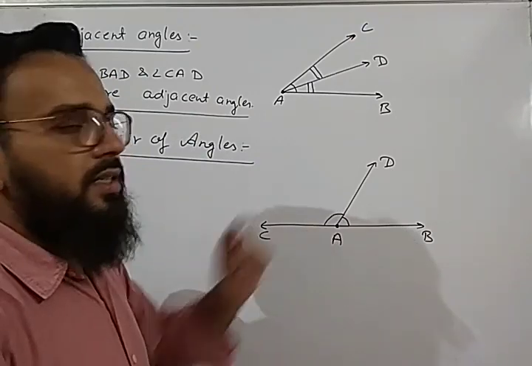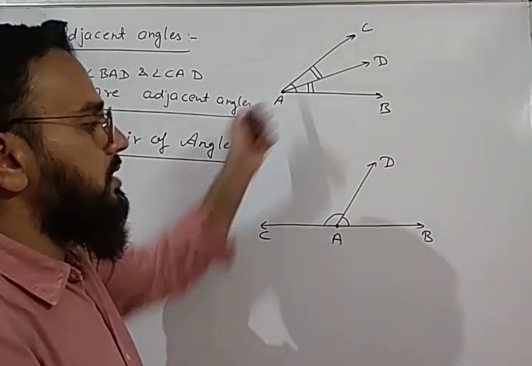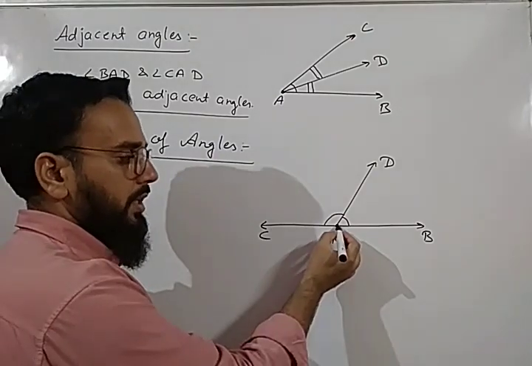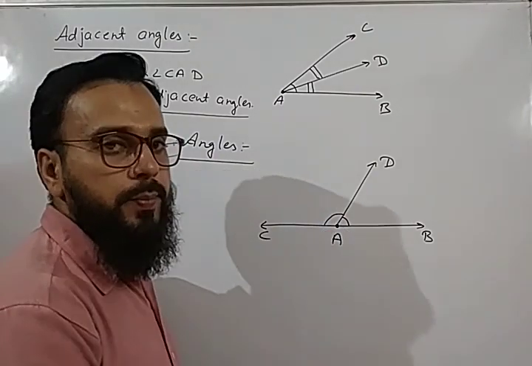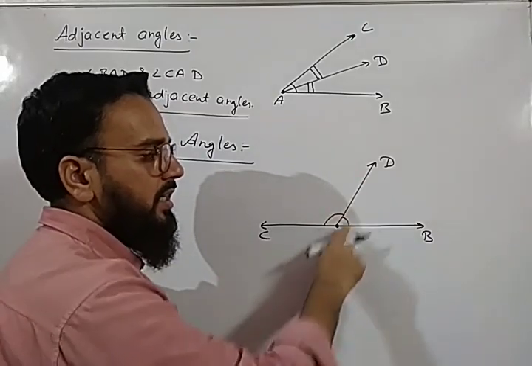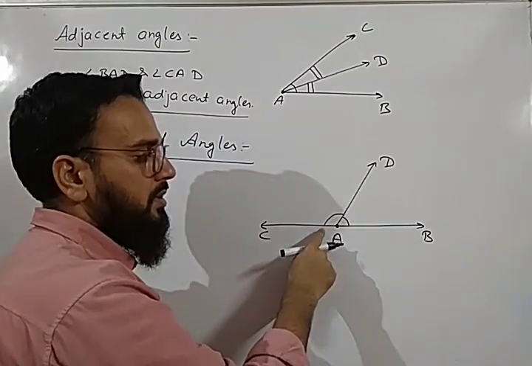These two angles are adjacent angles, as we have already discussed, because the property of adjacent angles is a common vertex. So the common vertex is A. From the common vertex, two angles are formed, angle DAB and angle DAC.